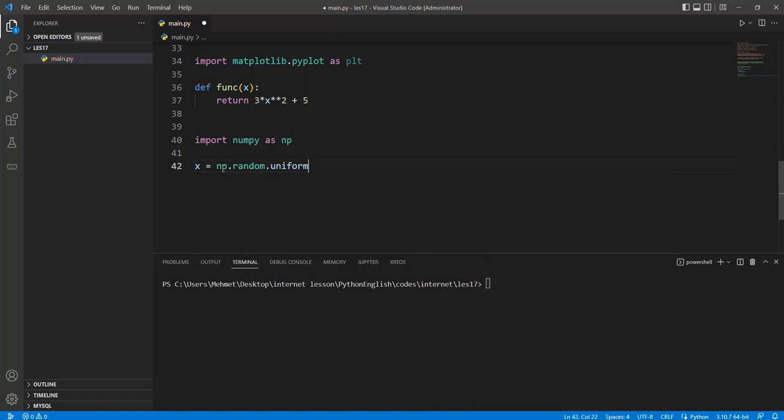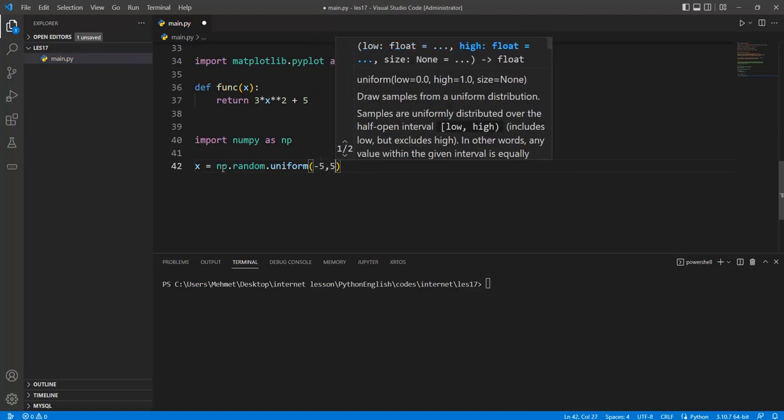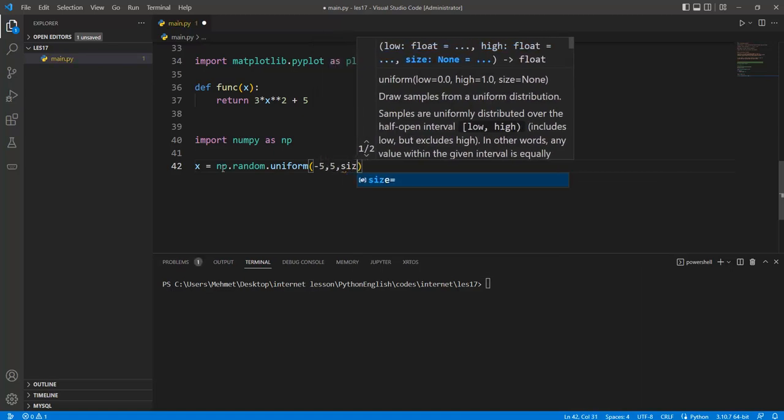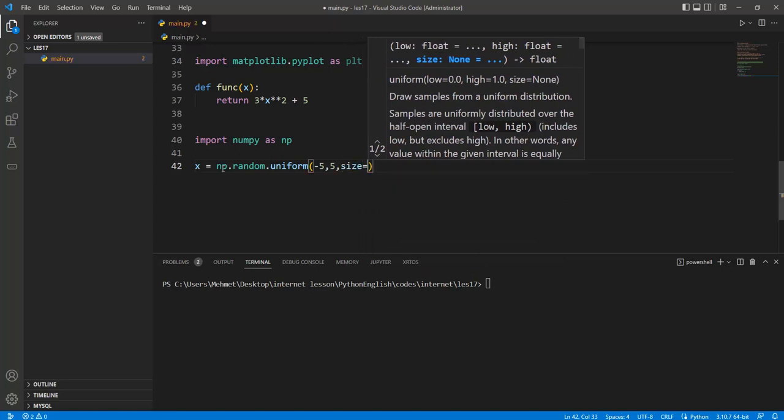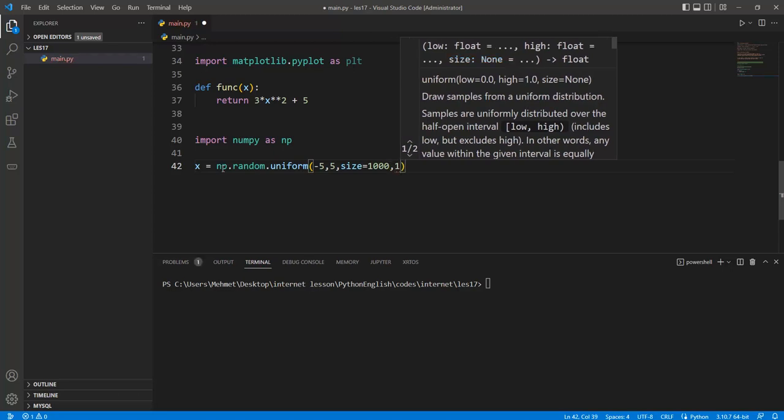And so we can utilize the uniform function in here, -5, 5, and finally the size of our data is equal to 1000. Okay.